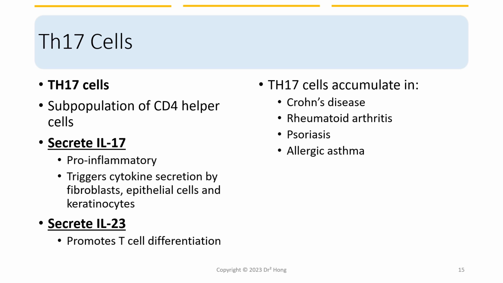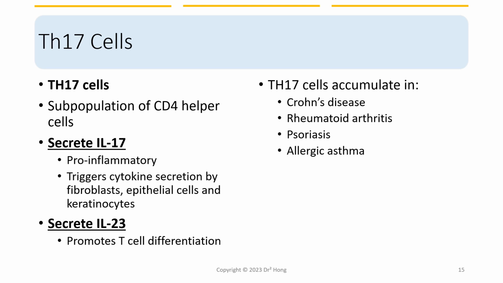The Th17 cell is a subpopulation of CD4 helper T cell. Th17 can secrete IL-17, which is a pro-inflammatory interleukin that can trigger even more cytokine release by the fibroblasts, epithelial cells, and also keratinocytes that underlie the skin.